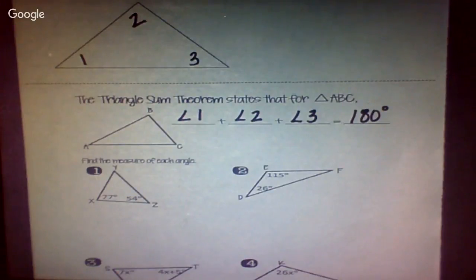So the sum of the angles inside of a triangle should always equal 180. Okay, so you've got that fantabulous equilateral triangle. Equilateral triangles are also equiangular, which means all of your angles are the same. So you've got 60, 60, and 60, because they have to total 180.